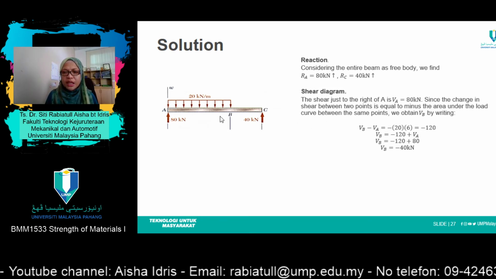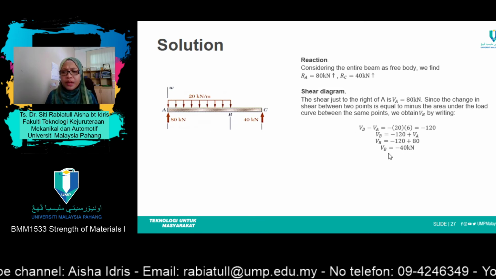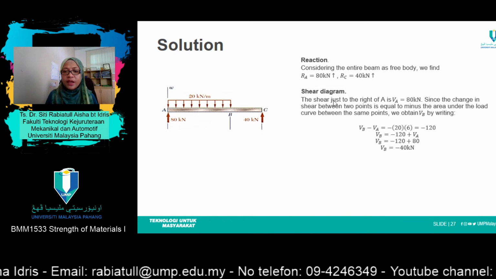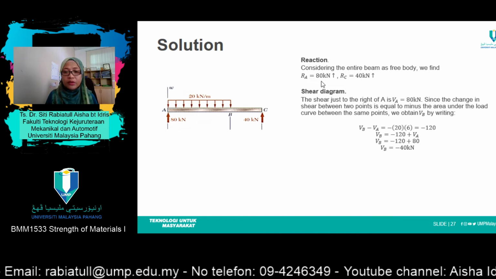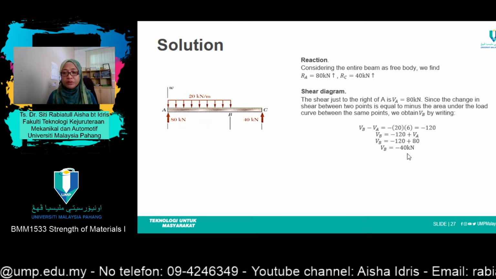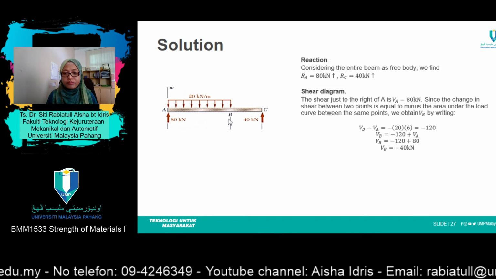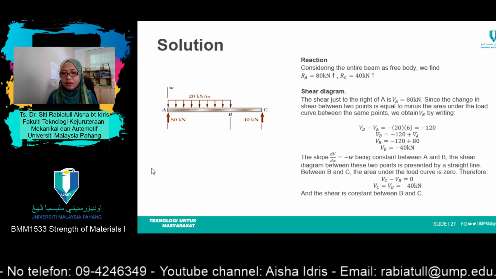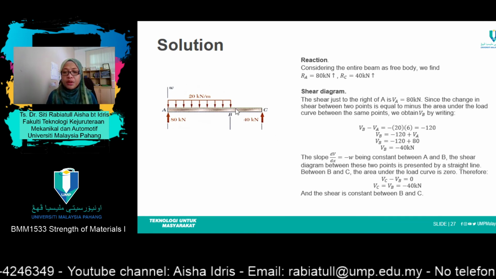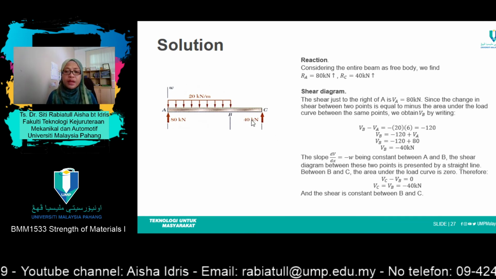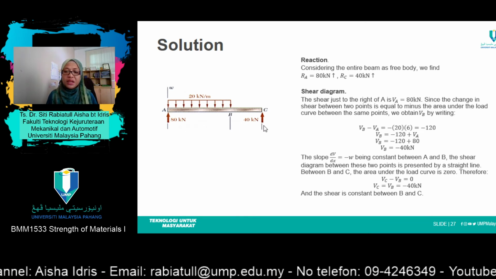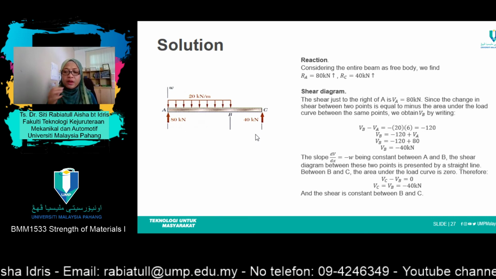After that, you'll get the value of VB. Substitute the value of VA. VA equals 80 kilonewton from the free body diagram calculation. We'll get VB equals negative 40 kilonewton. As for VC, there's no distributed load there, so VC equals VB, which equals negative 40 kilonewton.